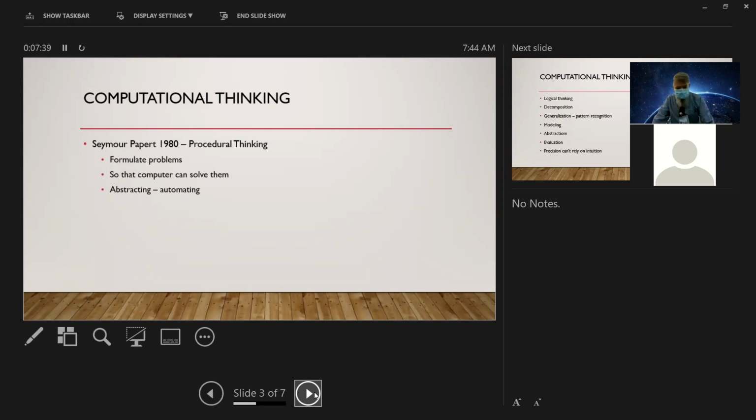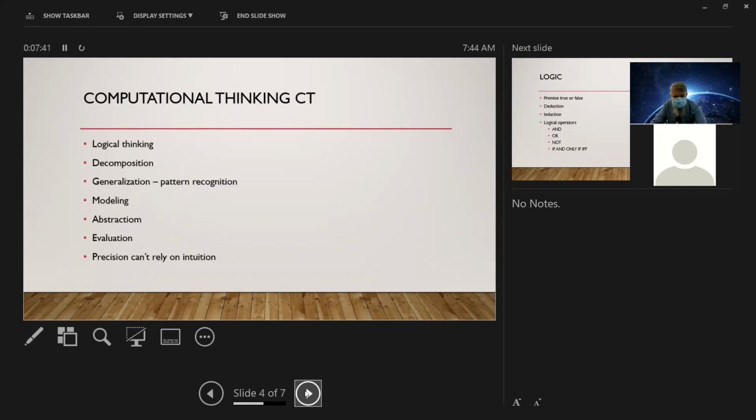So this one I've already mentioned. Then this term came up, computational thinking, which we've reduced to CT. These are some of the components of computational thinking. Computational thinking includes logical thinking. You can do a degree in logic. Logic is a crossover between mathematics and philosophy.